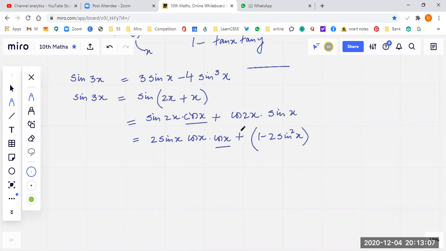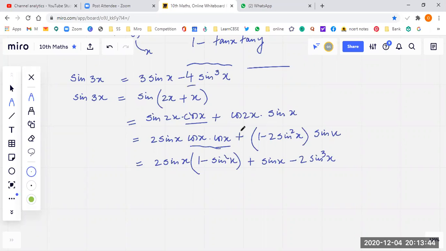So I'll prefer the one with sine x. Why? Because we have sine and cos, right? So I can write it like this, 2 sine x into cos square x. Cos square x can be written as 1 minus sine square x, right? So plus, what is this? Let me multiply. Sine x into 1 is sine x. Sine x multiplied by 2 sine square x is 2 sine cube x, because I know there is a cube here.